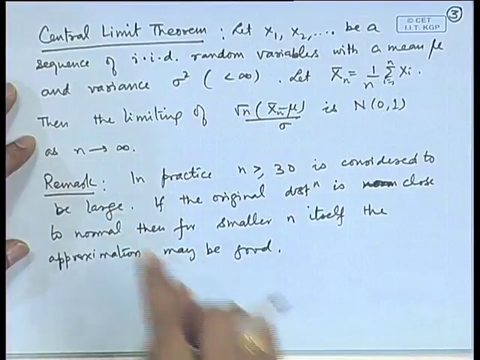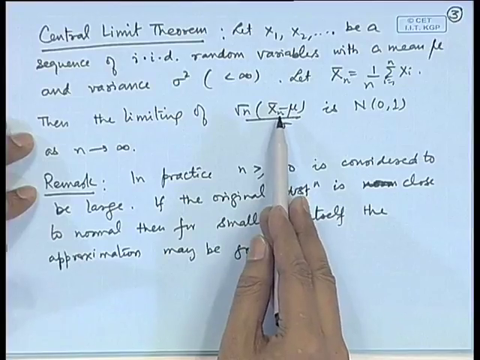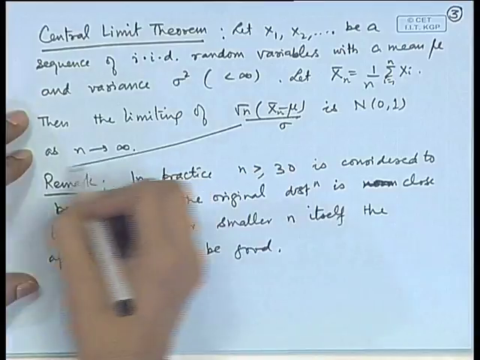One more point, earlier we have seen that binomial distribution was approximated to normal or the Poisson distribution was approximated to normal. So, that is actually a special case of central limit theorem, because what is a binomial random variable? It is the sum of successes in individual trials. So, if we are taking x 1, x 2, x n, basically it becomes the distribution of the sample sum. So, actually you can write an equivalent form also.